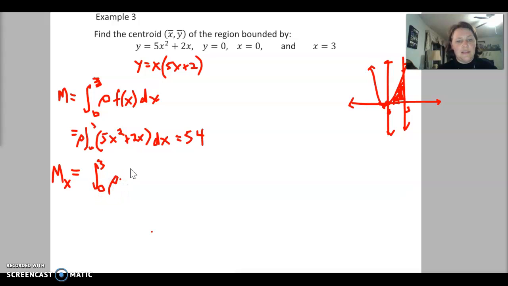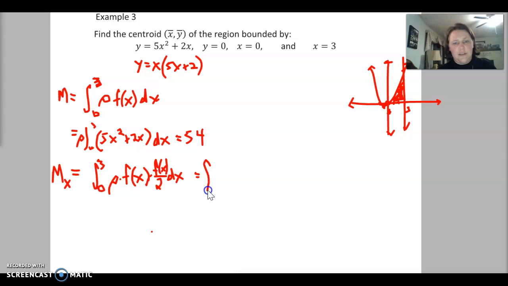So our mass in this case is rho times the area, which was f of x dx. And then for our position, we're going to say that that is at the centroid, which is at f of x over 2.